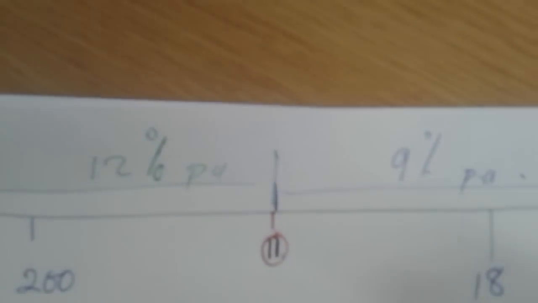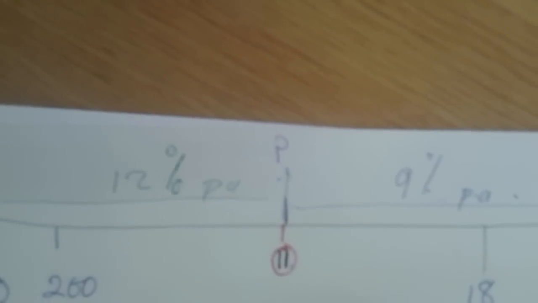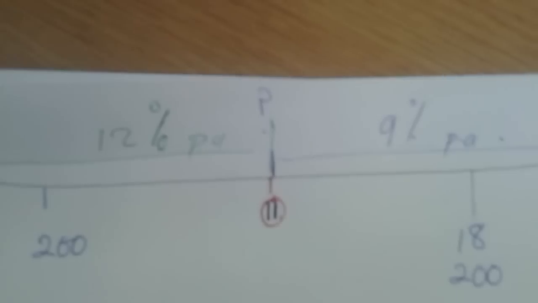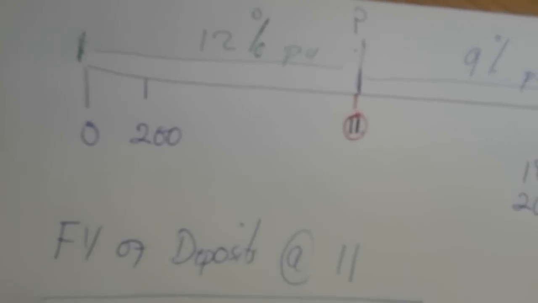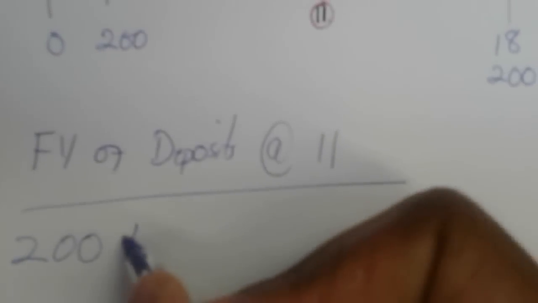Again, just like the previous question that I've done with you, whenever there's a change, you ask yourself, what was the balance just before the change? So the first step is compute the FV of deposits, or of payments, whatever you want to call it, at 11. So you go to 200 plus minus PMT.